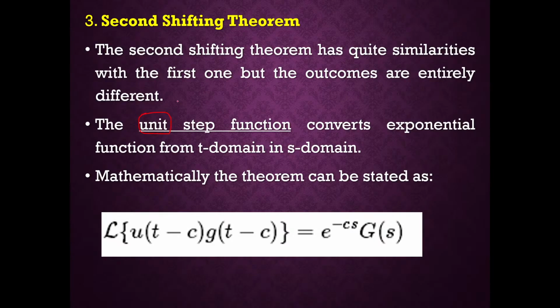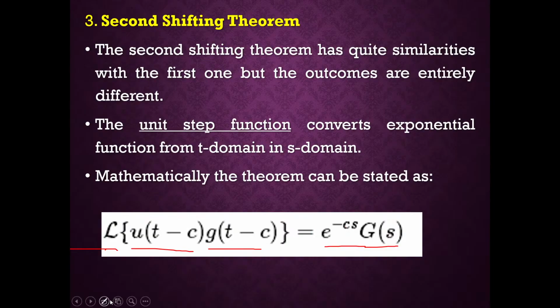A unit step function is usually represented by u, and it converts into an exponential function from time domain to S domain. Means if you have a unit step function in time domain, it will be converted into an exponential function in S domain. Here is an example: Laplace of u of t minus c multiplied with g of t minus c, in S domain you will get e power minus cs into g of s.